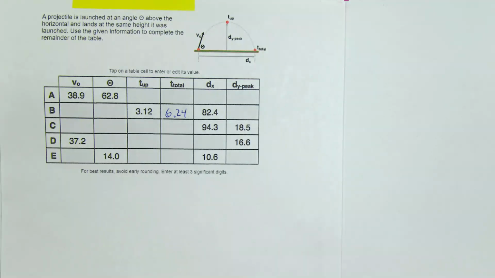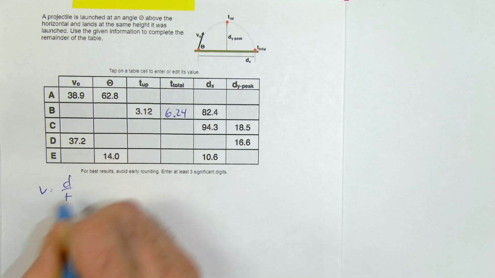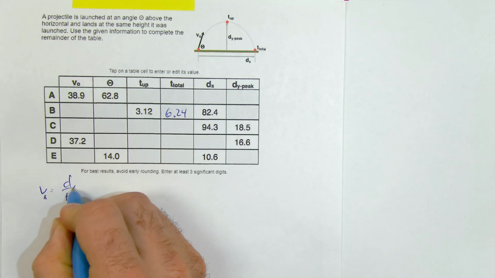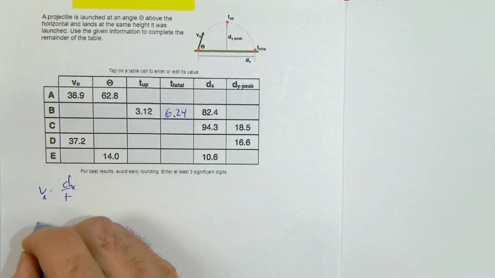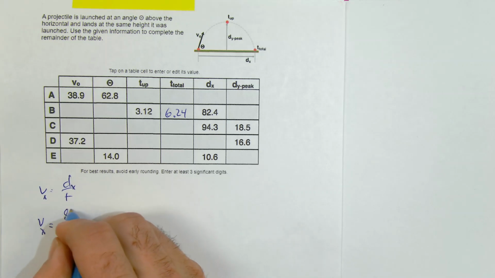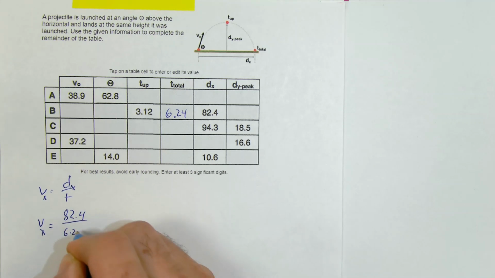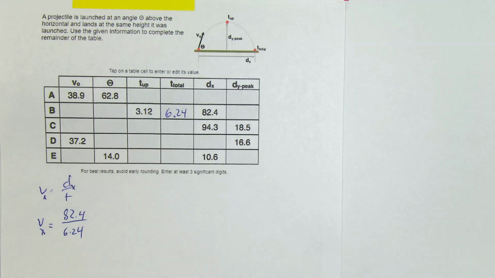So right away, we can go ahead and solve for the velocity on the x-axis. So we know that velocity equals distance over time. This is true. We can just make those for the x component. So we can say velocity on the x-axis equals 82.4 over 6.24.